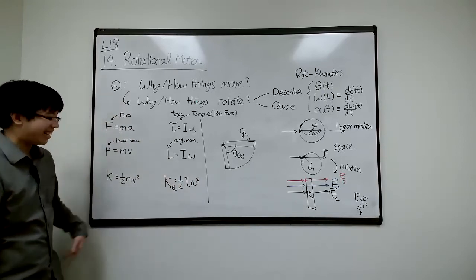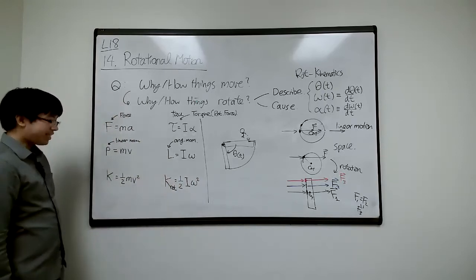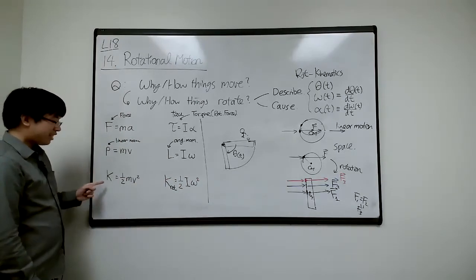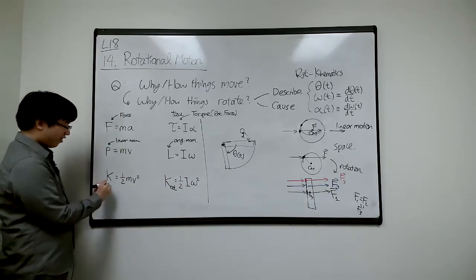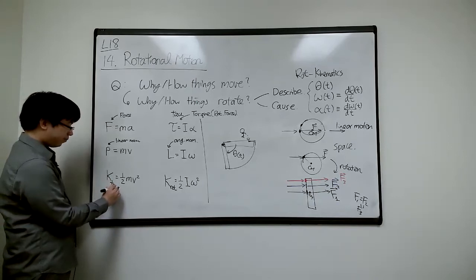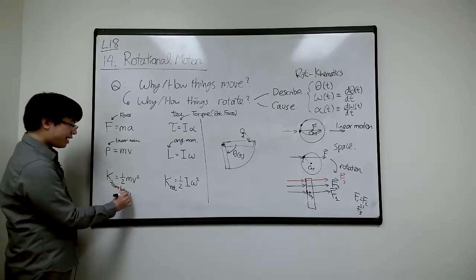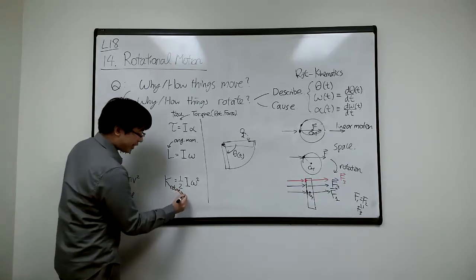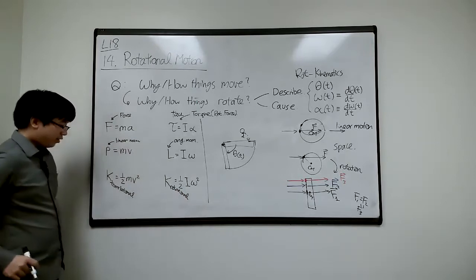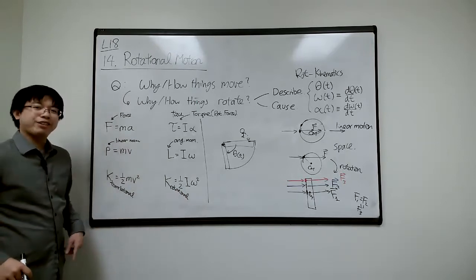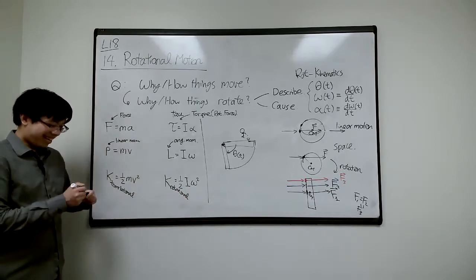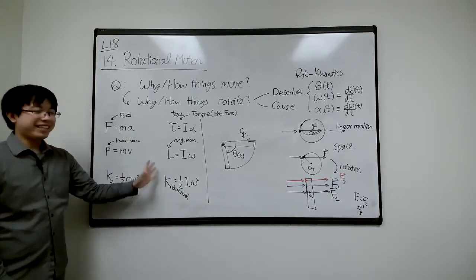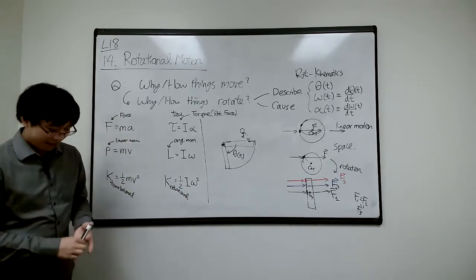We just call it K subscript rot, or rotation. This one, you can call it K linear or K translational. So this is called the translational kinetic energy. This is called the rotational kinetic energy. And depending on how lazy you are, you can write out as many words as you want. But yeah, so these are the three key formulas we will learn.